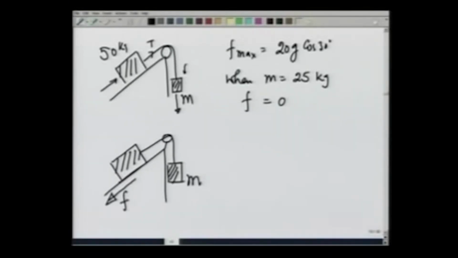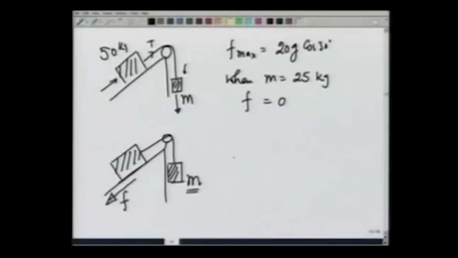The question we ask now is, up to what value of m can I go so that the system remains in equilibrium? Again, if I make a free body diagram of the bigger mass, it has 50 g pulling it down, normal reaction N, T pulling it up, and frictional force is in the opposite direction.